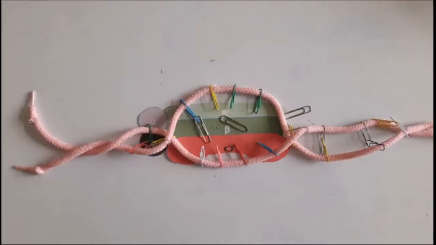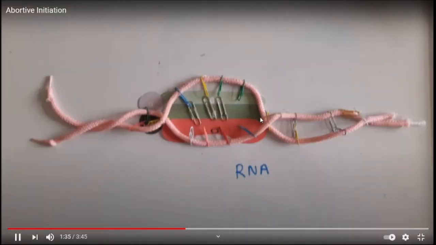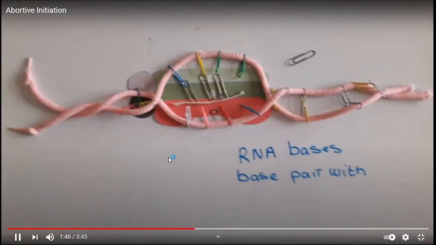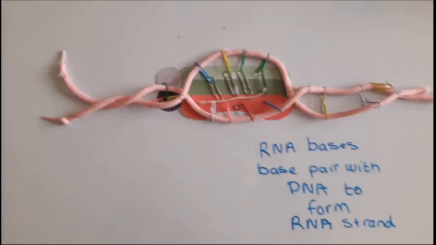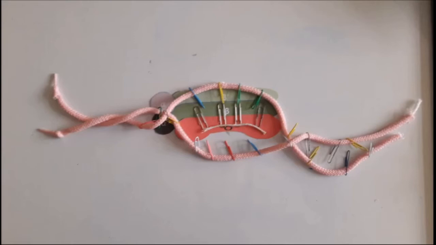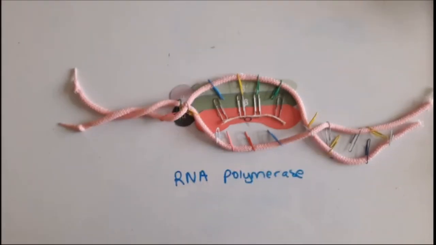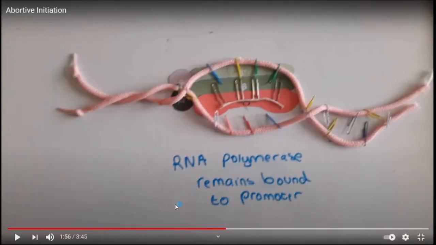Now RNA transcription starts. Here the bases are coming and the small transcript is being formed. The thread is the RNA transcript. Now RNA polymerase does not move along the DNA strand. It remains bound to the promoter because of the sigma subunit, because the sigma subunit binds to the DNA very strongly.